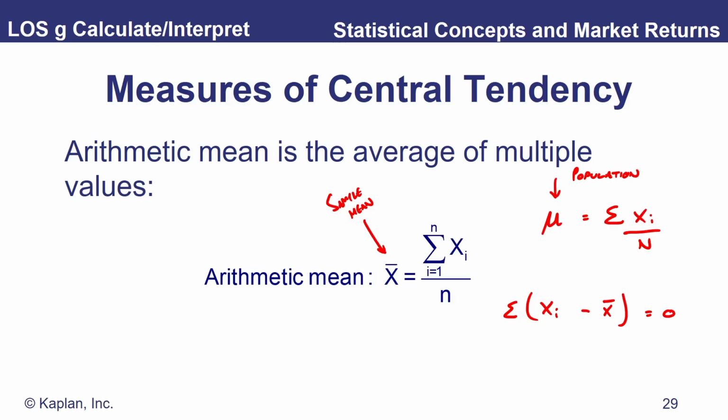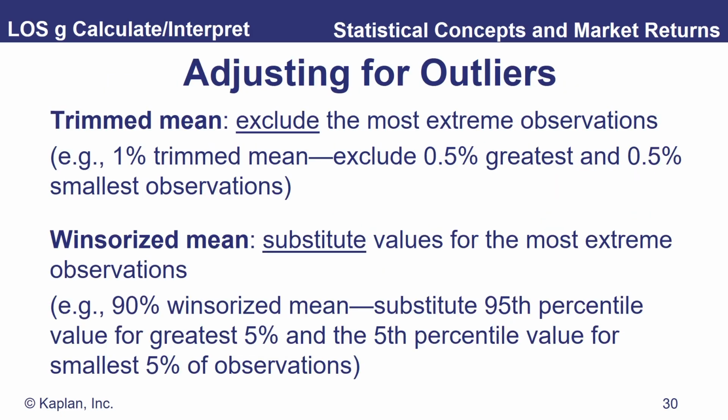So what we're going to talk about now is what could we do to limit the impact of outliers on our arithmetic mean. Well, adjusting for outliers, we've got two methods to adjust for outliers in our syllabus, a trimmed mean and a Windsorized mean. Trimmed mean just means we exclude a certain percentage of the biggest and smallest values.